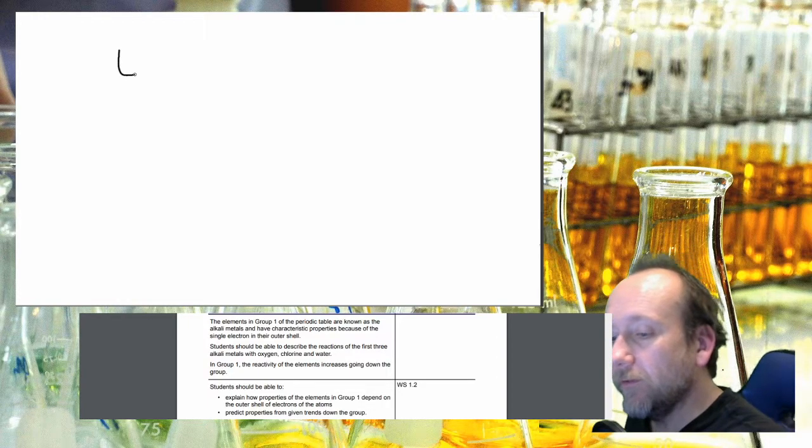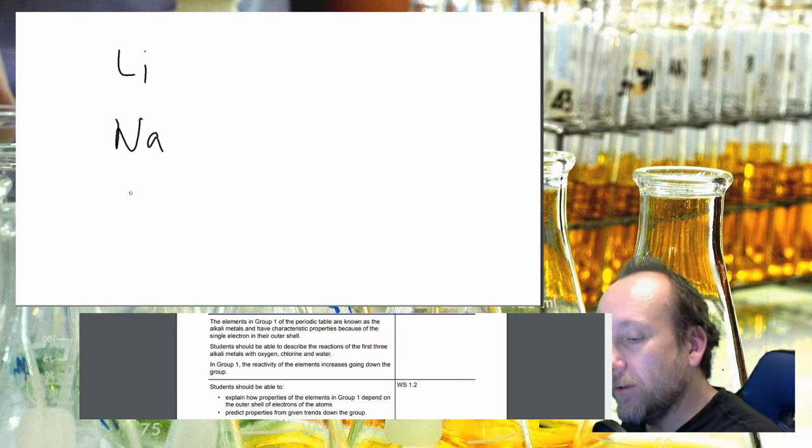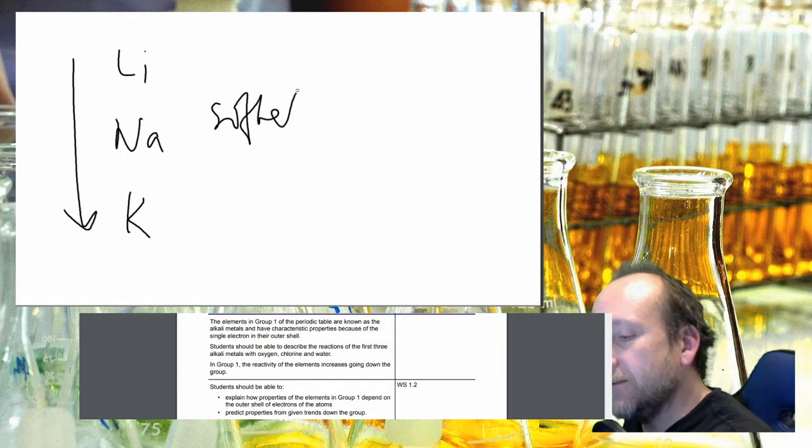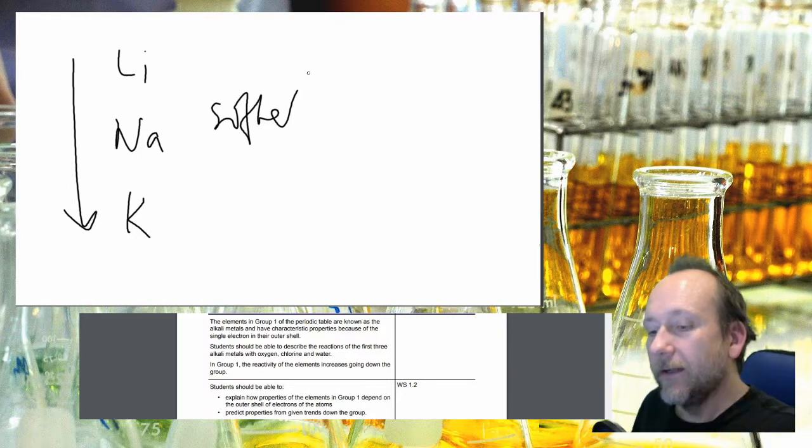The specification also says students should be able to explain how properties of the elements in group 1 depend on the outer shell of electrons of the atoms. Now, there are a couple of properties which you need to be aware of. So, lithium, sodium, potassium get softer and easier to cut as you go down the group.